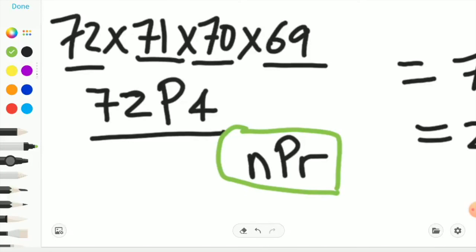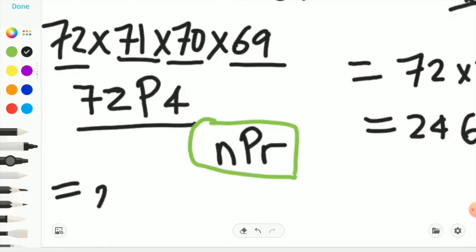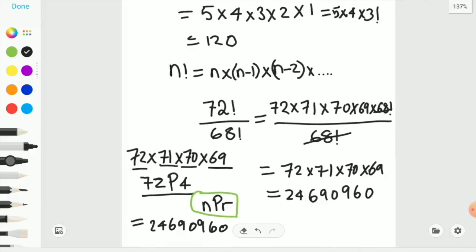So what you plug in is 72, that button, 4, and what that does is it follows the factorial formula but stops after the 4th term. It's an easier way to plug it into your calculator than plugging in all of this. And so that should give you the same answer. And that's basically what a factorial is.